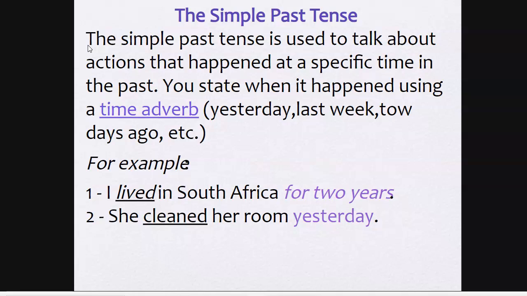In the second sentence, you can see the time word "yesterday." So from "yesterday" and "for 2 years," you can recognize that the sentence is the past simple. Also "lived" and "cleaned" with -ed show that the sentence is about the past simple.